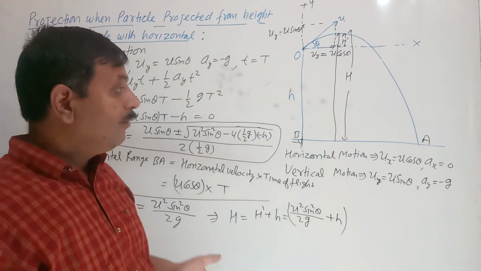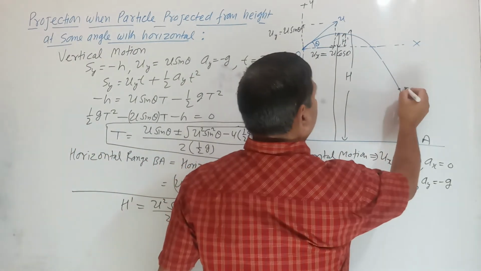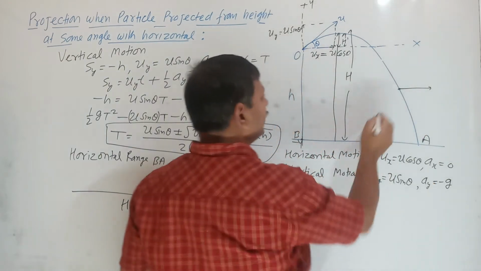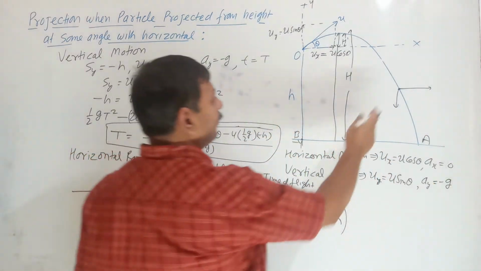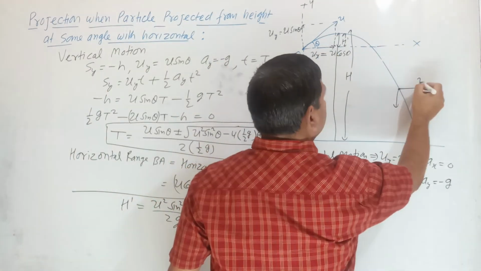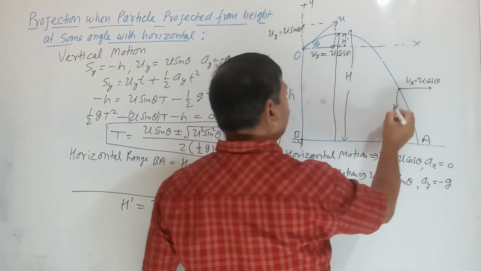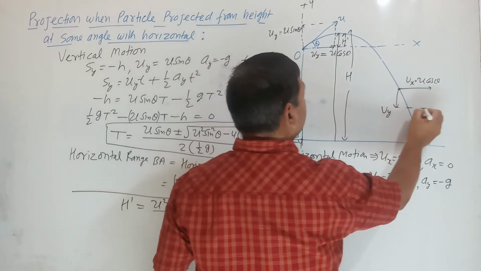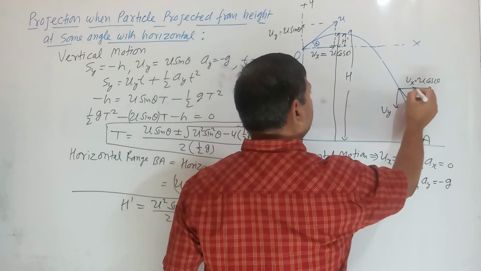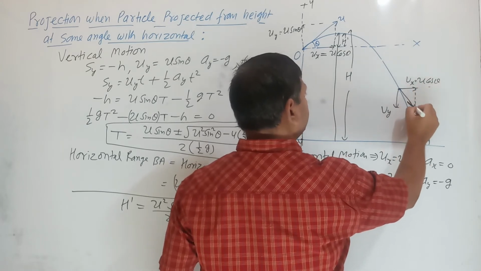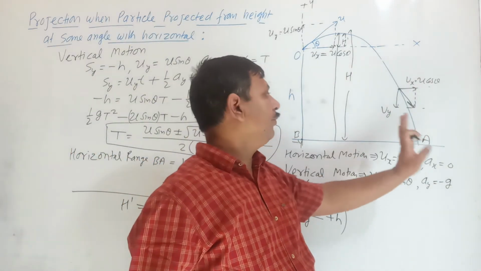If you want to find the velocity at any instant, the same thing we have to do. The horizontal velocity will always be u cos theta.